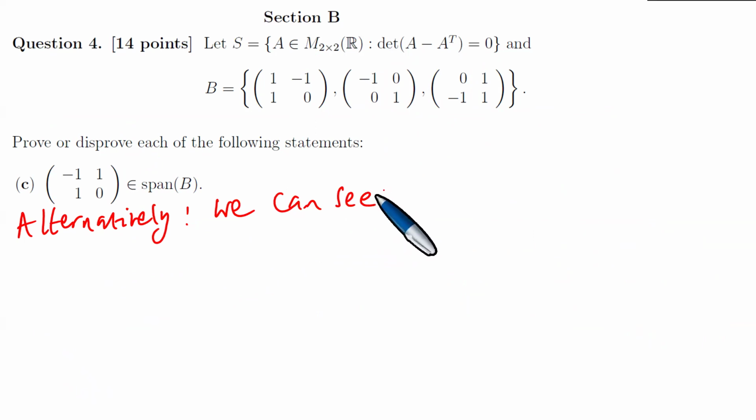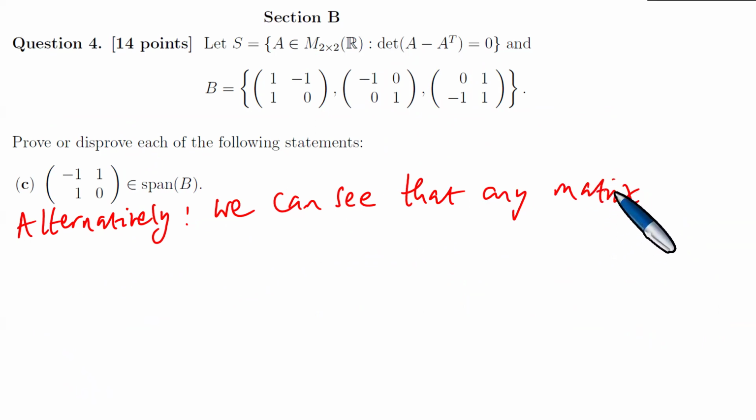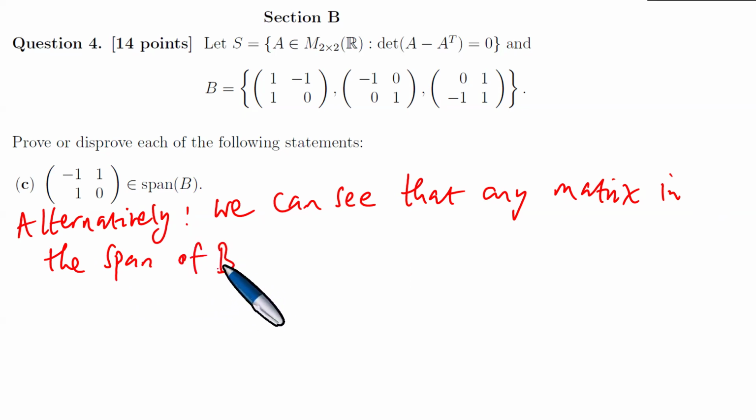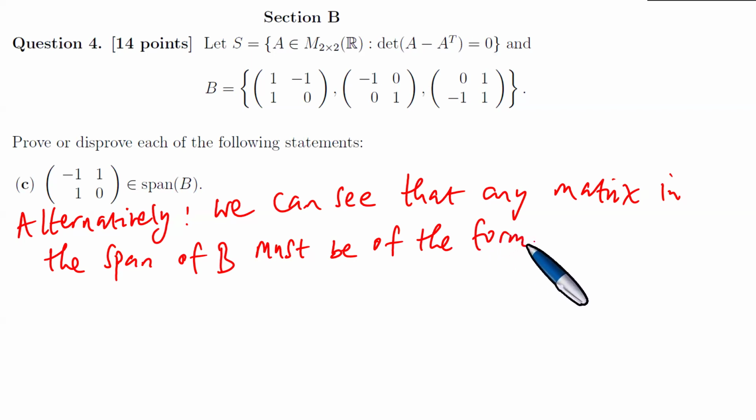We can see that any matrix in the span of B must be of the form A, B, minus B, C. Take a look at these.